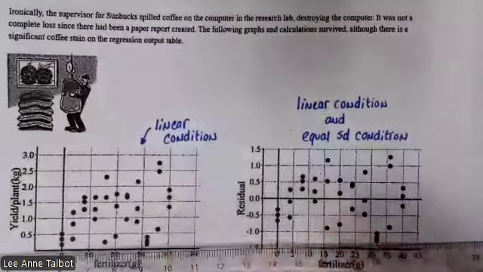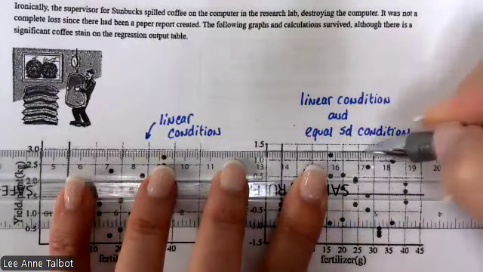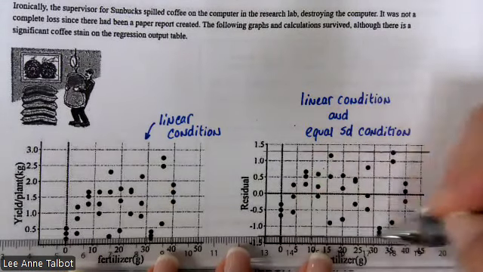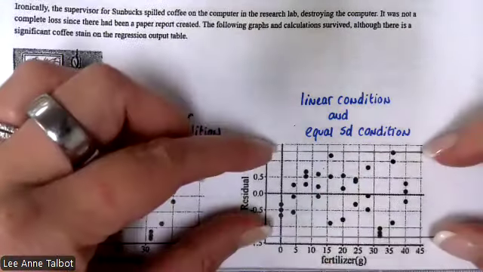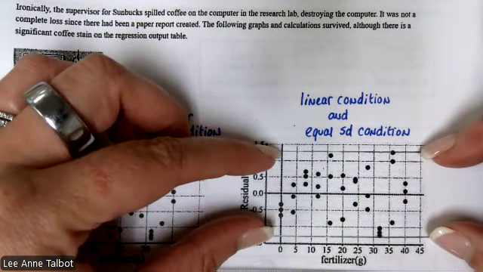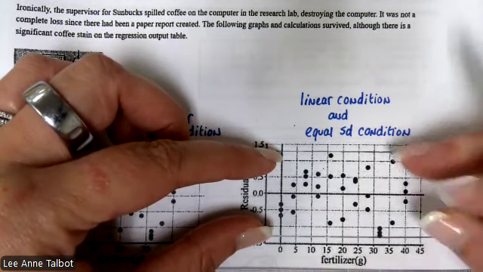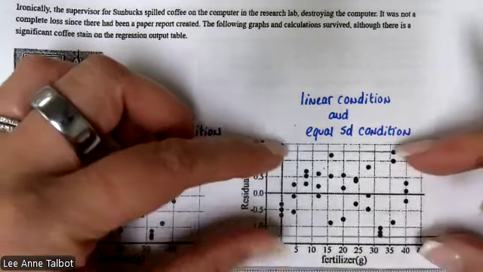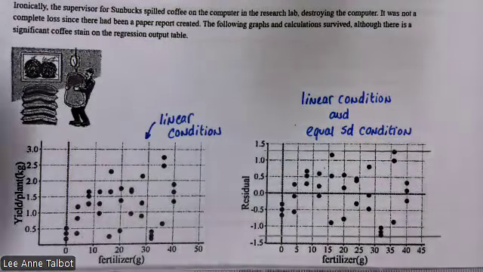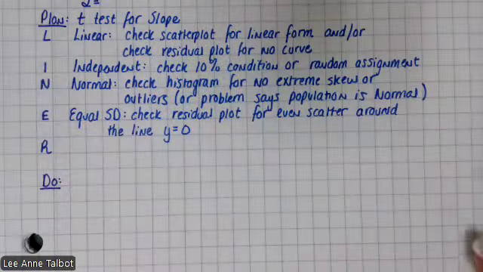So what this means is if I draw a line here and draw a line here, the points are all this far away. They're not super close on this side and super far on this side. They're all about the same distance away. So even scatter. You're not detecting some wild pattern.